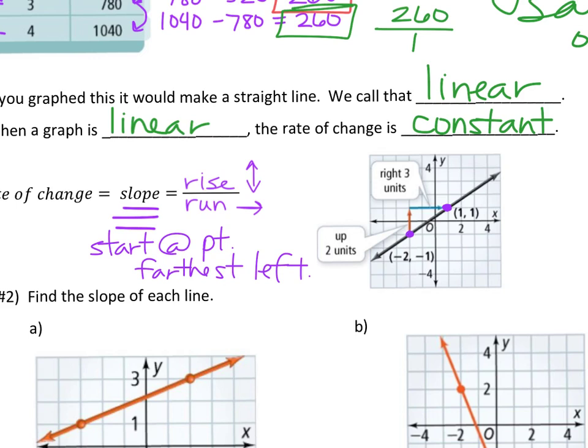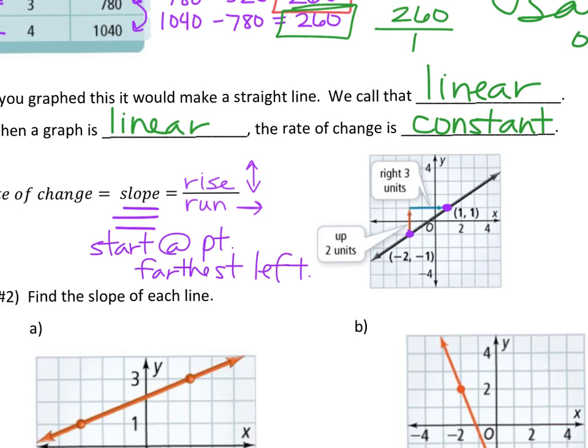So we're going to start at the point on the left. That would be this point here, okay? If I start there and want to do rise over run, I need to go up and down first. You're going to pick 2 points on a graph. Start at the one that's farthest left. So I picked these 2 points. This one is to the left of this one, right?